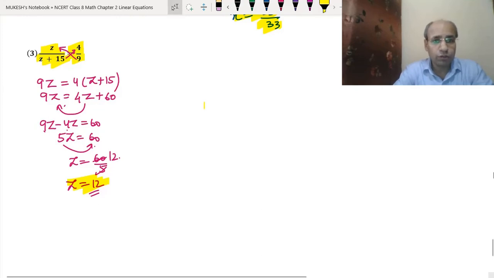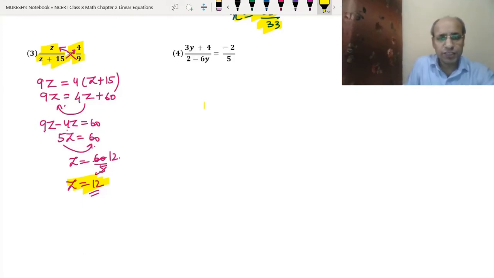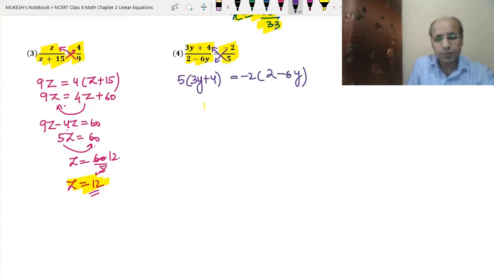Now let's do the fourth question. In the fourth question we have 3y plus 4 upon 2 minus 6y equal to minus 2 upon 5. Okay. So here also what will we do? We will cross multiply it. 5 with the 3y plus 4 and minus 2 with the 2 minus 6y. So we will write 5 bracket 3y plus 4 equals to minus 2 bracket 2 minus 6y.